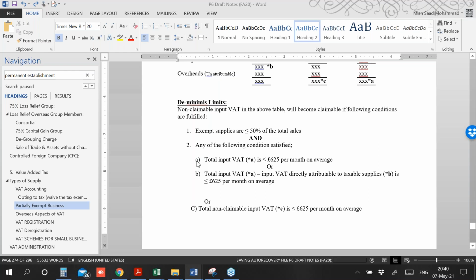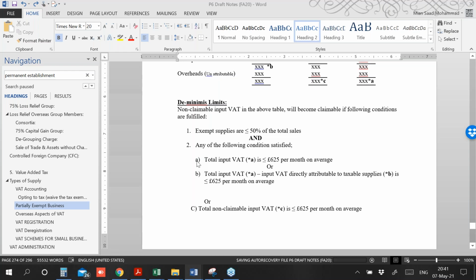So now moving on, what is the second test? The second test is total input VAT less VAT directly attributable to taxable supplies. What do we mean by VAT attributable to taxable supplies? Those expenses which you can directly trace, that you have incurred on taxable supplies.